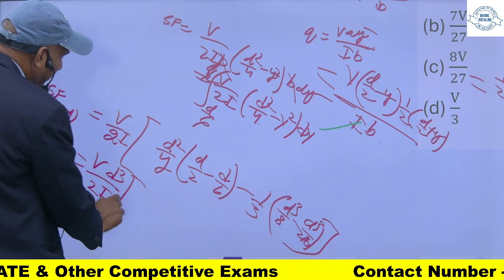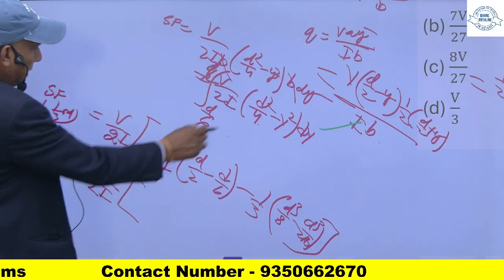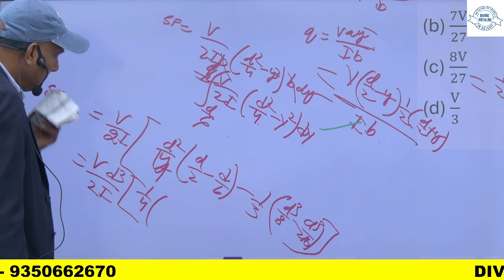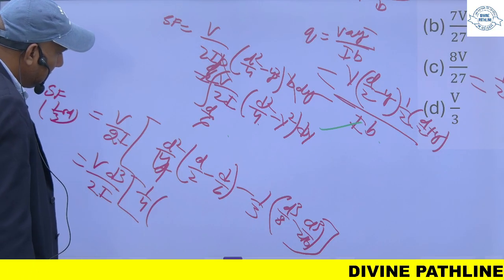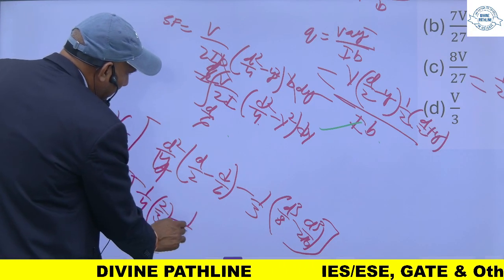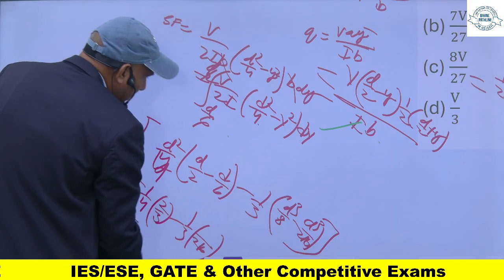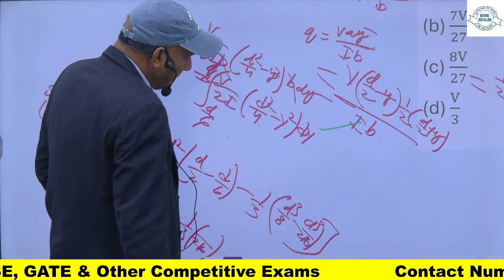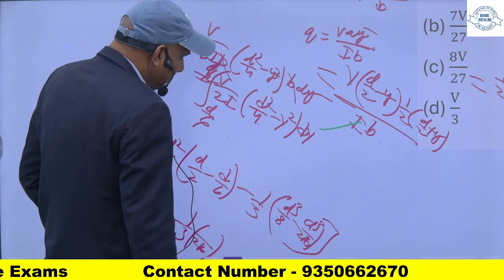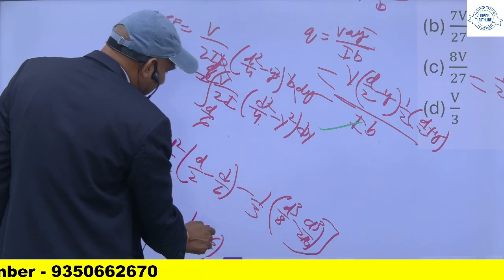So this will be D square by 4, 1 by 4 into 2 by 3, minus 1 by 3 into, if you take this common, 27 minus 1, which is 26.